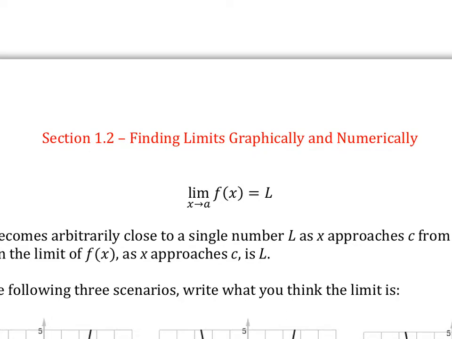Now, x can go to that number from both sides. So we're going to talk about what happens when it goes from this side, and if they are the same number, or a different number, or they don't even go to a number, what does that mean? But either way, x goes to a number, and f, which means y, goes to a number, then that number is called the limit.